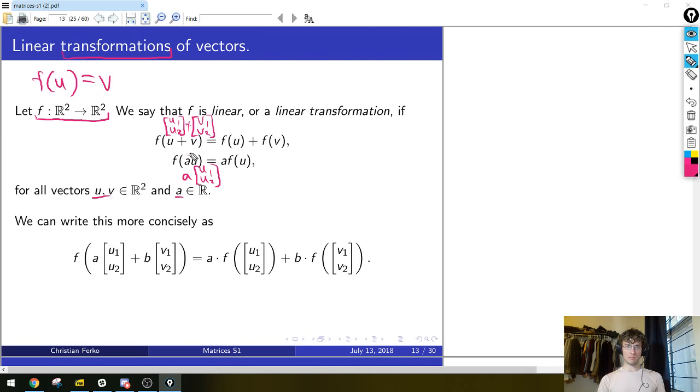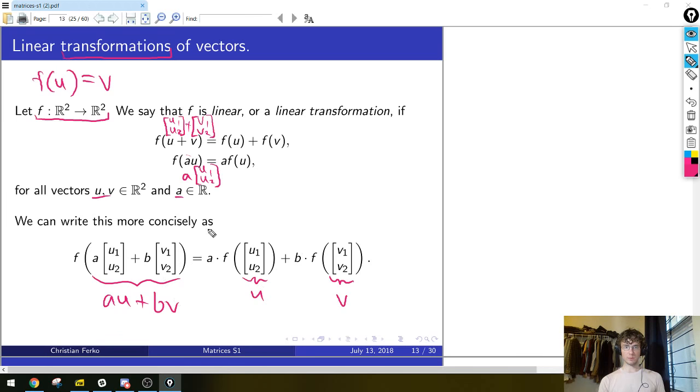I've combined those two conditions into one condition where you apply f to a times a vector u plus b times a vector v, and I've just put both rules together into one giant rule. So if you do that, f of au plus bv is a times f of u plus b times f of v. So again, this is au plus bv, and here the input is u, and here the input is v.